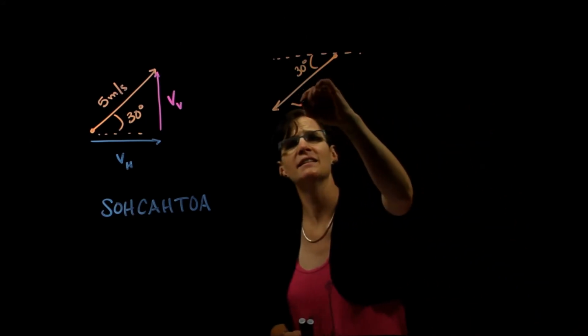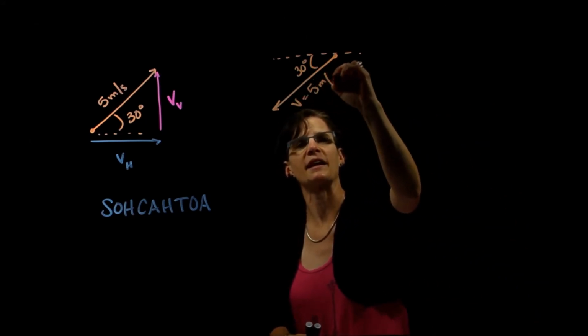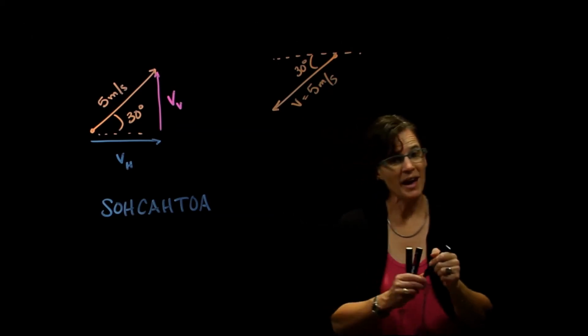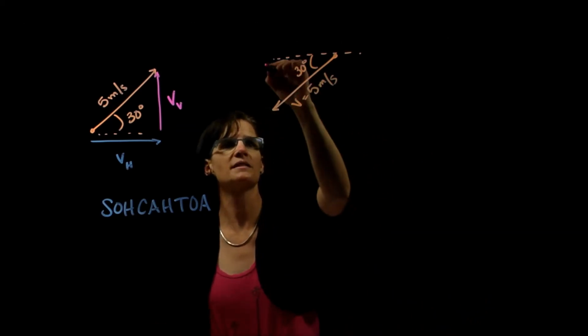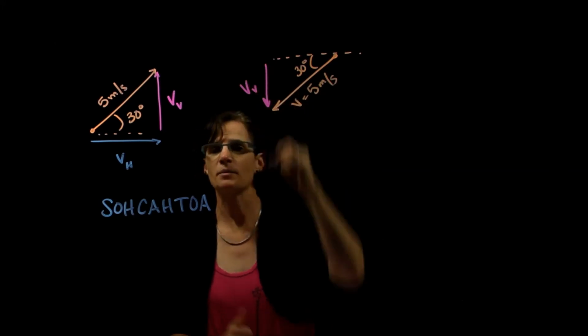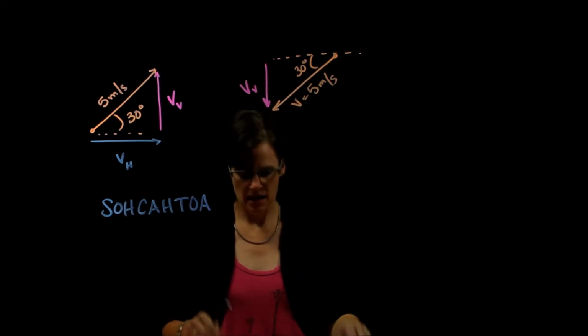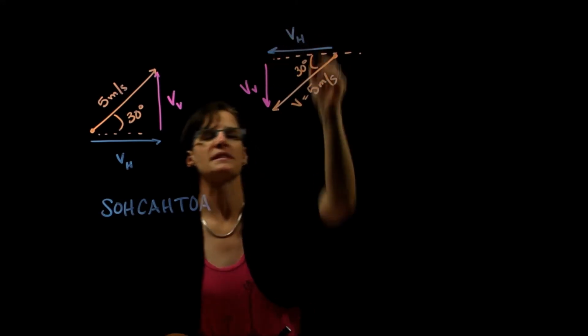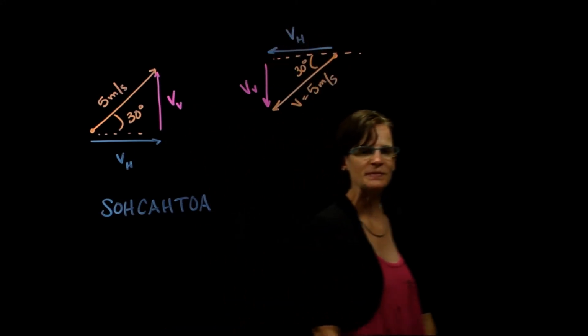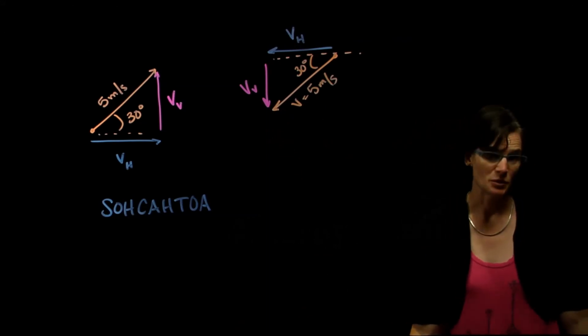The velocity is equal to 5 meters per second. Okay, so down and to the left. So I have a down component that's going to represent my vertical velocity, and I have a to the left component that's going to represent my horizontal velocity. There's a variety of different ways that we can do this.